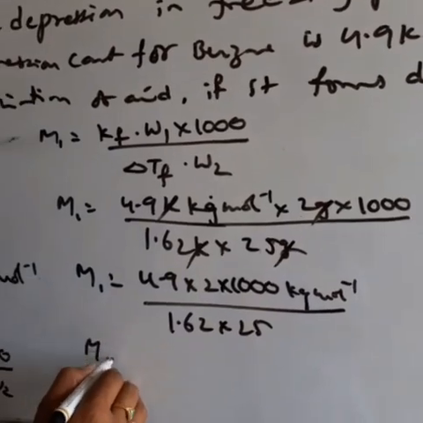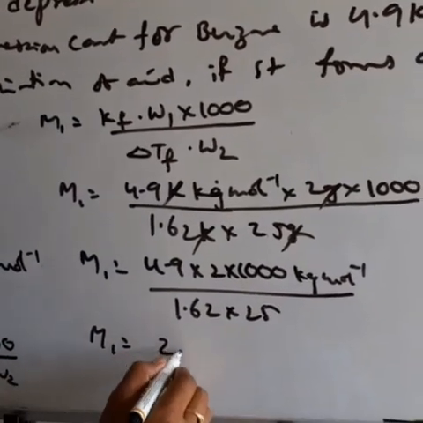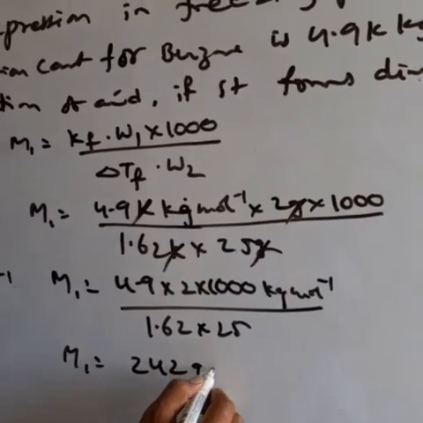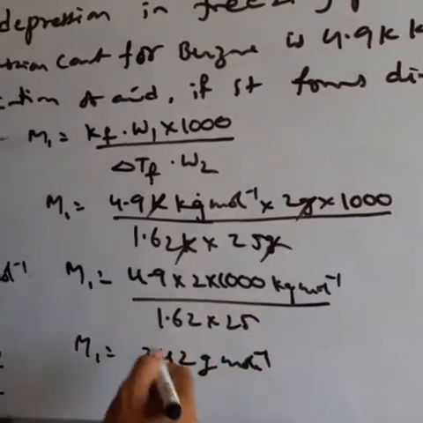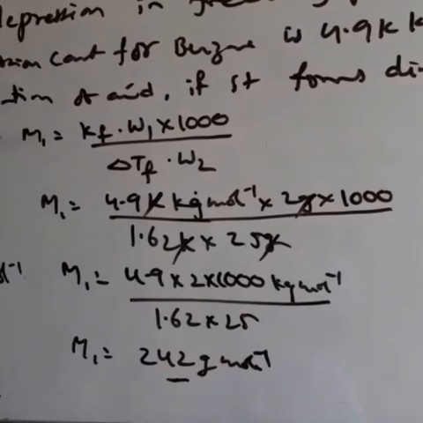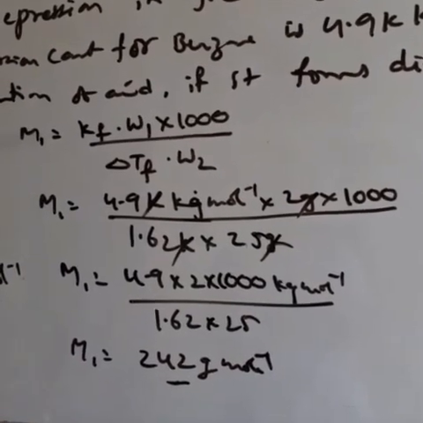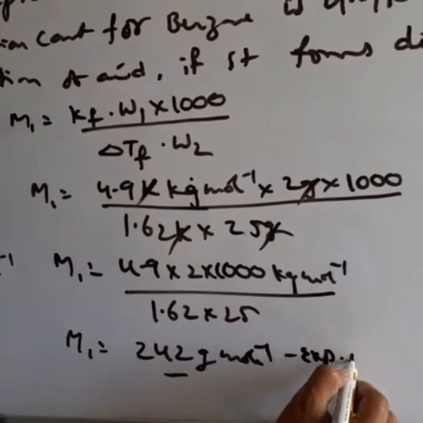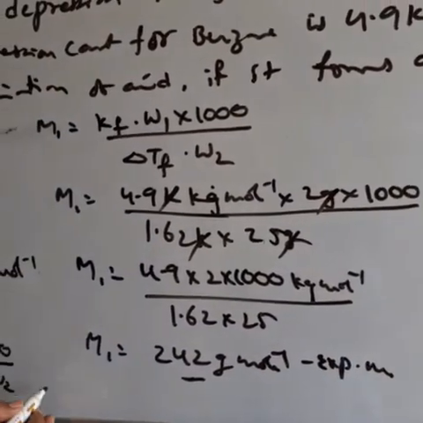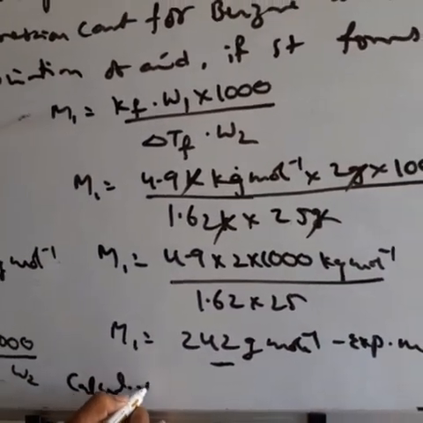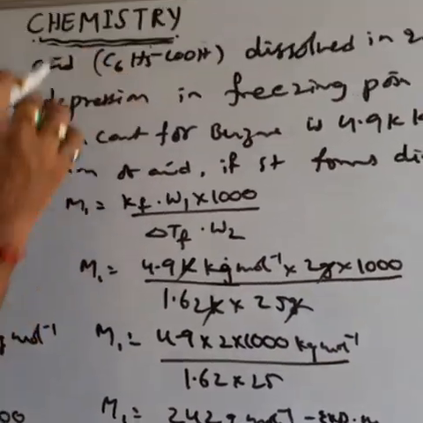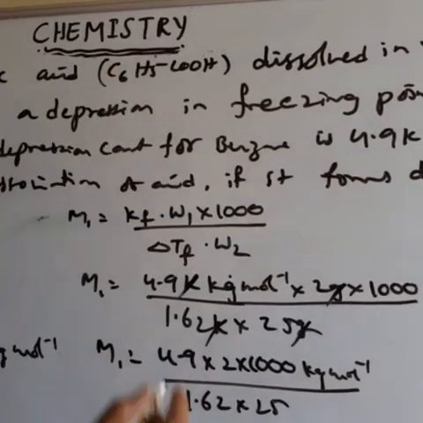Its value, the molecular mass of solute, is 242 gram per mole. If you calculate that value, we get 242 g mol inverse. This is the experimental molecular mass. But what is the calculated molecular mass? The calculated molecular mass, by using this formula, 6 carbons are 6 into 12.